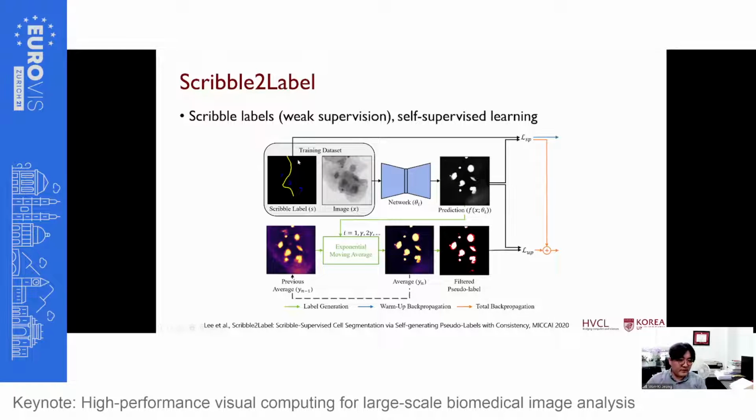For example, here users just draw curvy scribbles like this. Then the algorithm can learn the label automatically. This is so-called self-supervision or weak supervision. From those very small scribbles, we can learn the fake label, again a pseudo label. Using the pseudo label, we train the network over and over again, and the pseudo label improves over time. That's the main idea.